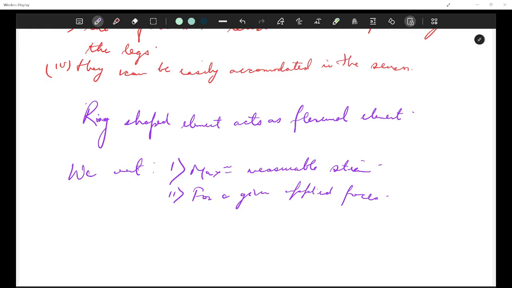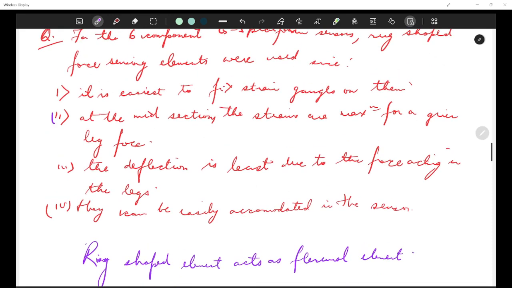So the correct answer here is at the midsection, the strains are maximum for a given leg force. Think of a circular ring under load. When axial force passes through the ring, the bending occurs, right? Maximum bending stress happens at specific midsections of the ring. Just like if there is a beam which is under bending, the maximum stress occurs at the outer fibers.